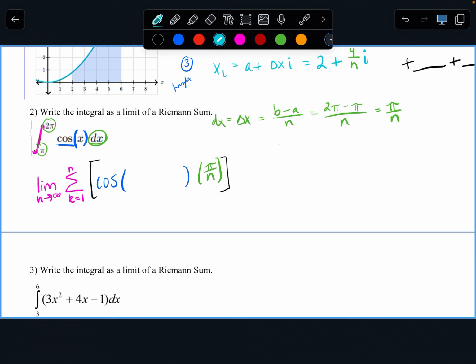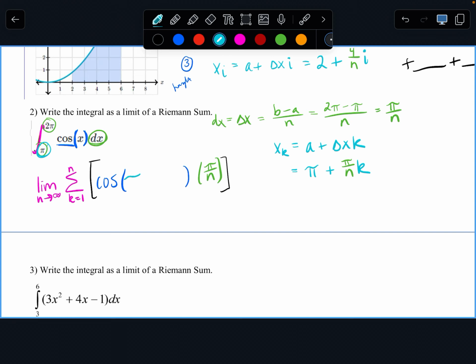Okay, now we're going to do this x sub i, or x sub k, oops. Gotta do k, because they can't agree on the i or the k. Remember the formula is a plus change in x times k. To be wild, I'm using k instead of i. Your a is where you're starting, so pi, plus your change in x, which is pi over n, and then k.